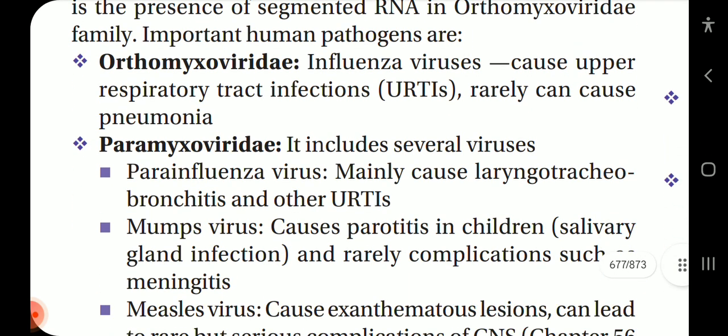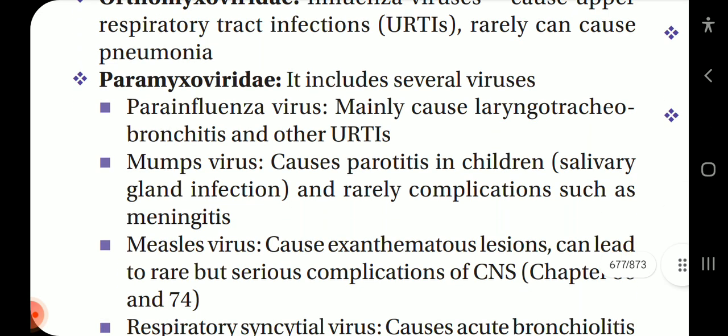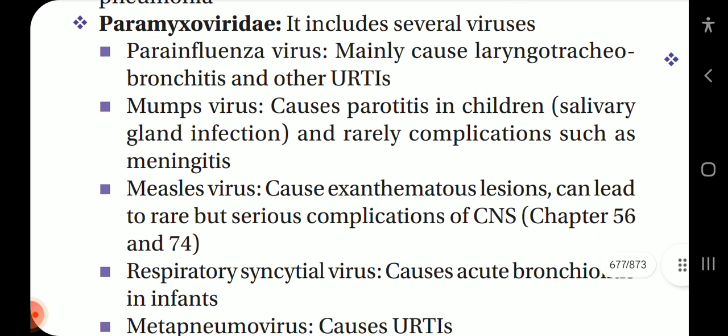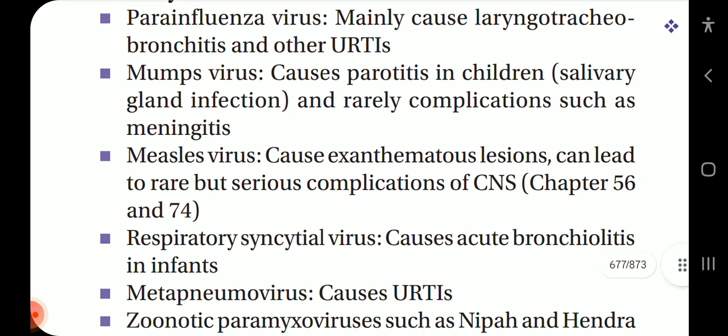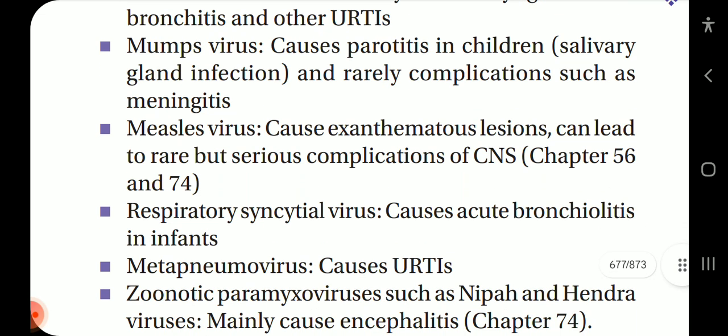Important human pathogens are Orthomyxoviridae: influenza virus causes upper respiratory tract infections, rarely can cause pneumonia. The Paramyxoviridae include several viruses like parainfluenza virus, which mainly causes laryngotracheobronchitis and other URTIs. Mumps virus, which causes parotitis in children, salivary gland infection, and rarely complications such as meningitis.